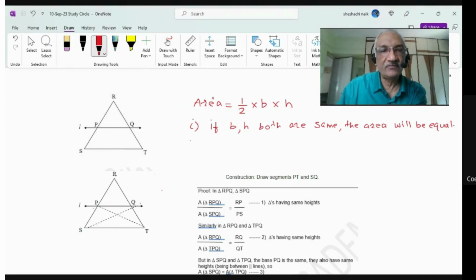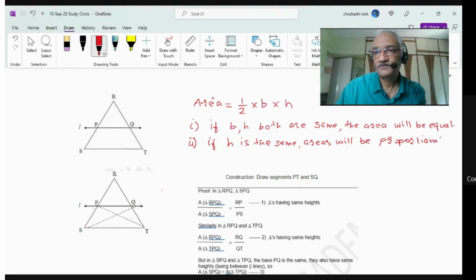The second one is that if H is the same, then the areas will be proportional to the base.